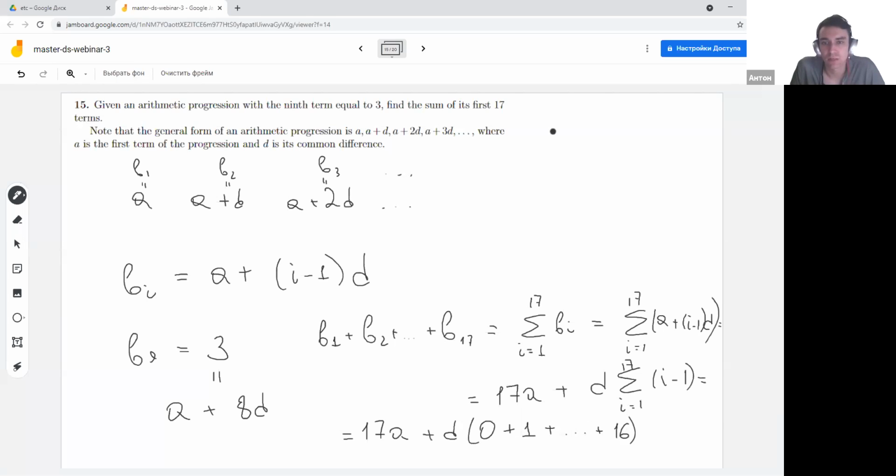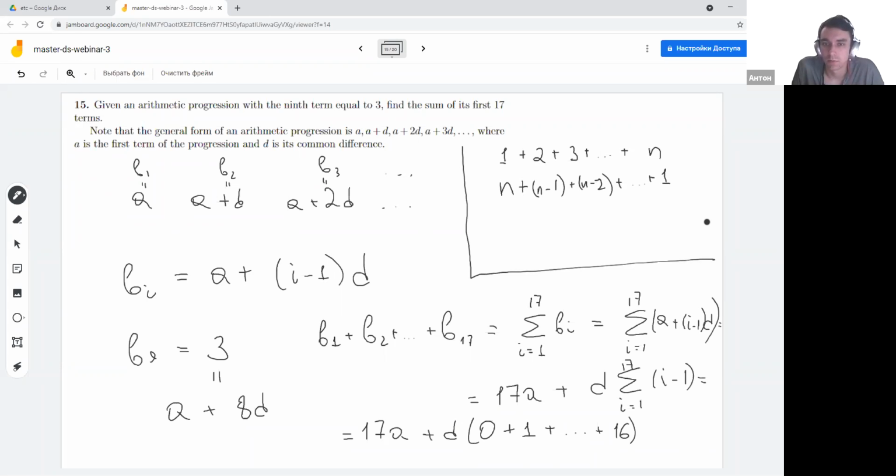So the general rule is as follows. If we have, for example, to compute a sum of the first n natural numbers, then what can we do? We may first want to compute this very sum written down twice.